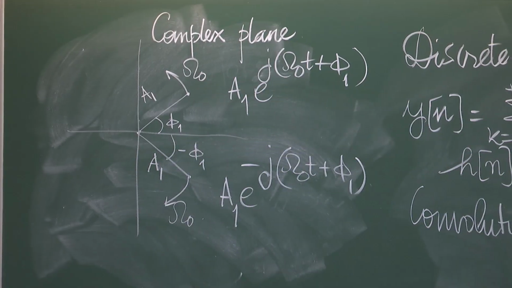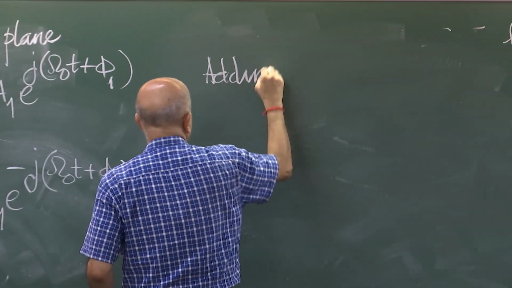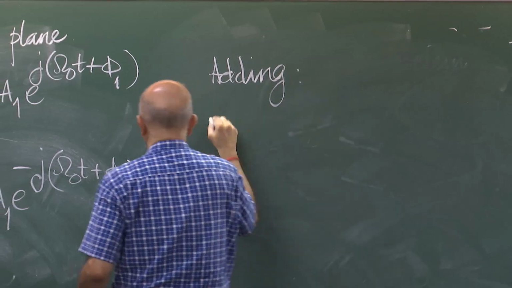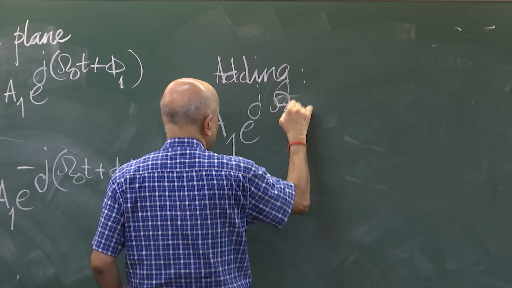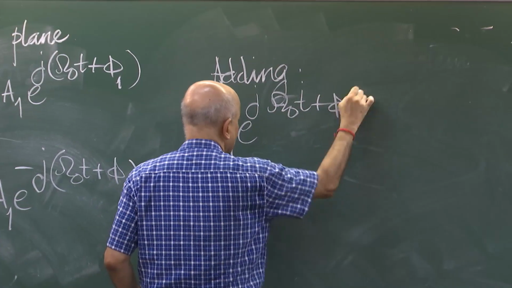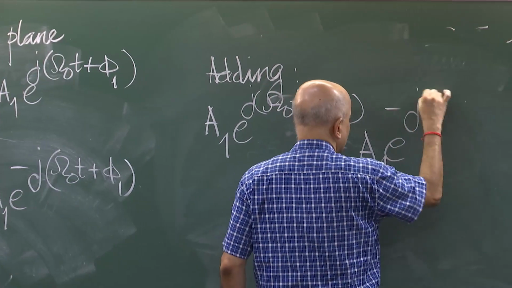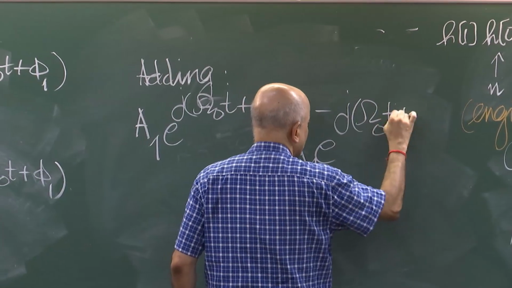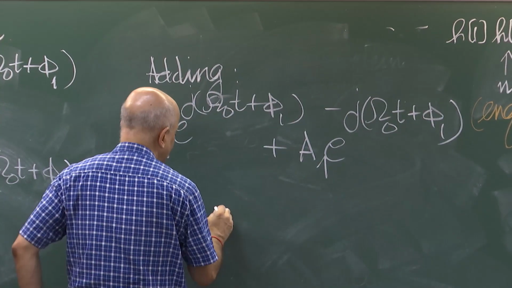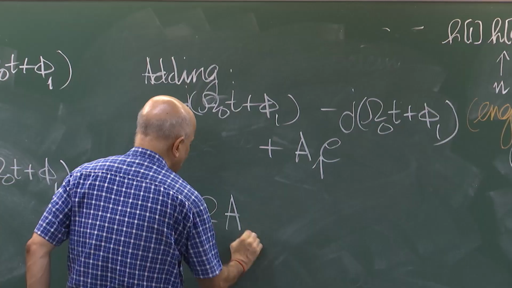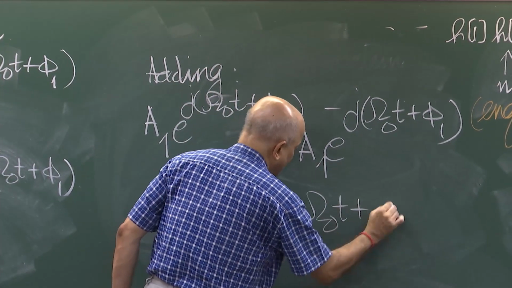What do you get when you add them? You get a sinusoid. Well, it gives you twice A1 cos omega naught t plus phi 1.